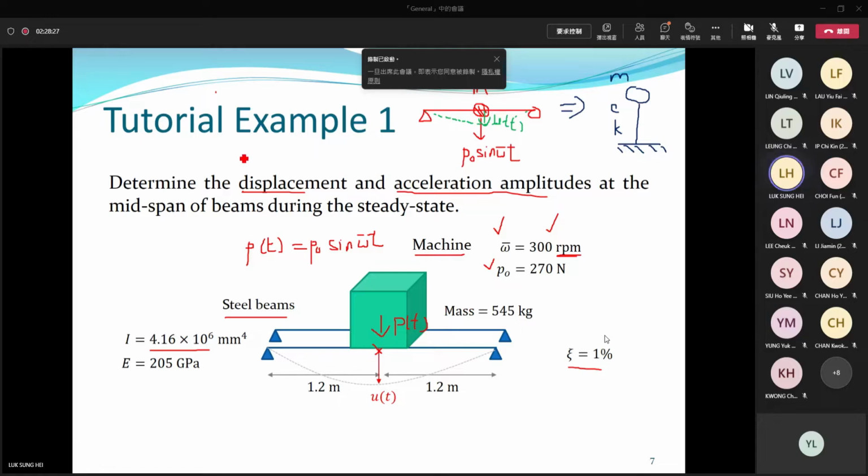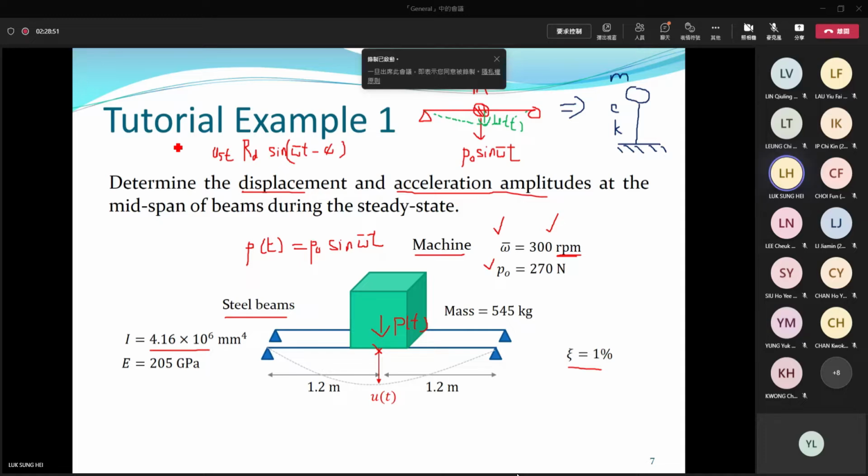At steady state, the displacement can be expressed using this equation: UST times RD times the sinusoidal function. This is the steady state displacement for a single degree of freedom system under sinusoidal force.